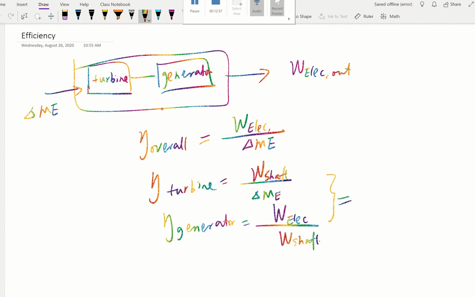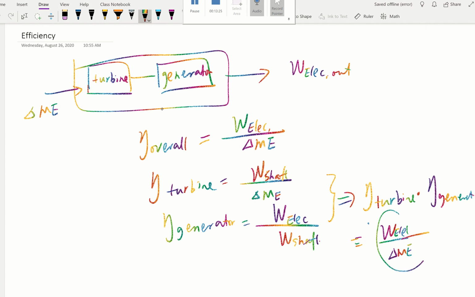The reason we are doing this is that if you multiply the turbine and generator efficiencies together, what do we notice? This shaft work is going to cancel. So essentially you get electric work over mechanical energy decrease of the fluid. This happens to be the same as that. Then we get another formula: the overall efficiency is basically the product of each individual efficiency.